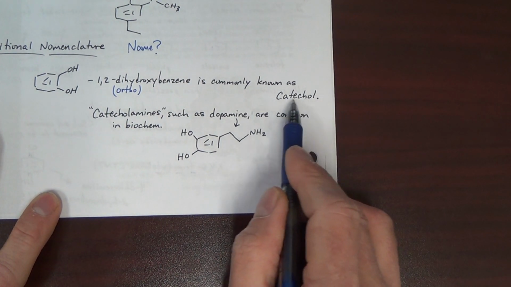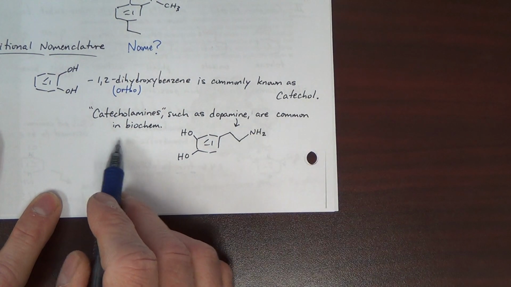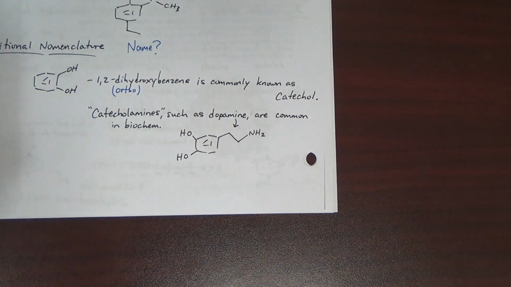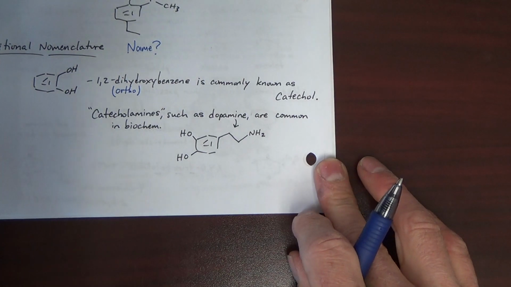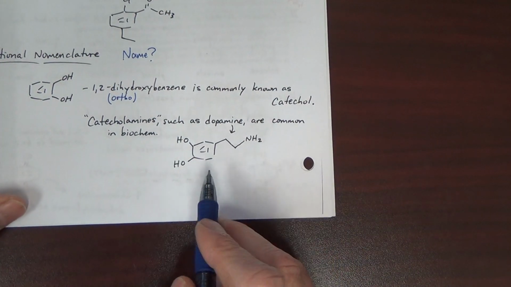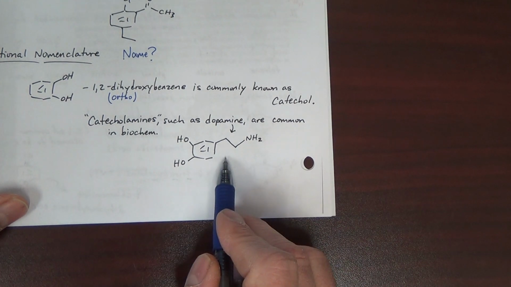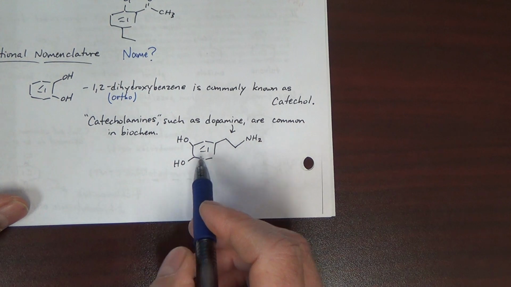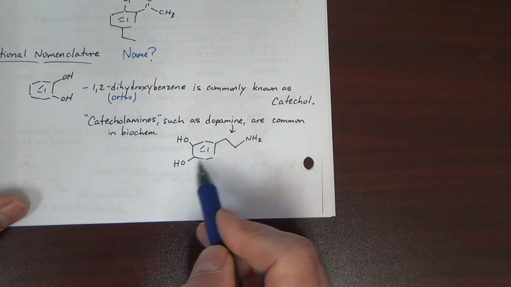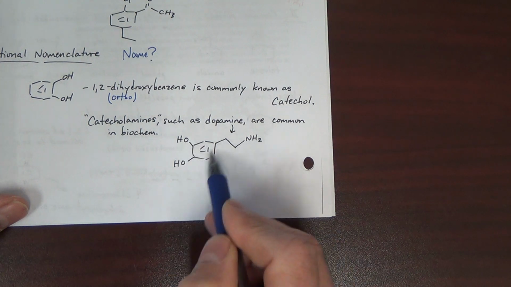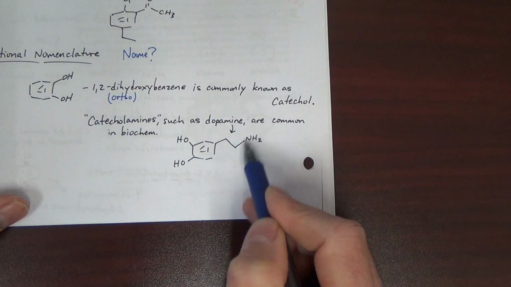The reason I want to add this, and I want you to know this, is because you see catechol in lots of biochemical compounds. Neurotransmitters, such as dopamine, have the catechol portion, but then something else coming off of the catechol here, of course, and then some type of amine.